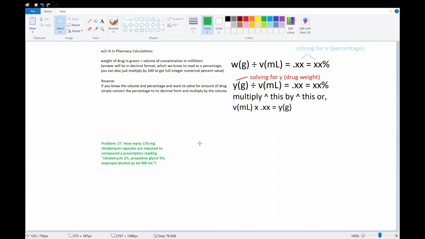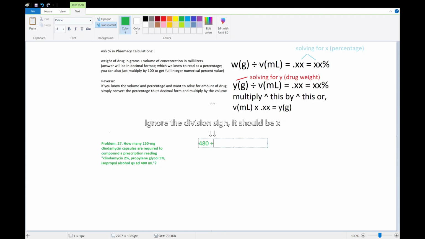So 480 times 0.02, and that's going to give us 9.6. But what does that give us again? It gives us this value, y, that we're solving for, in grams.